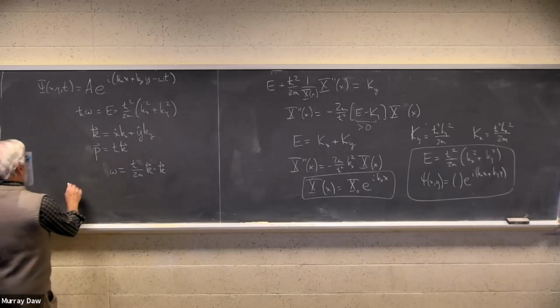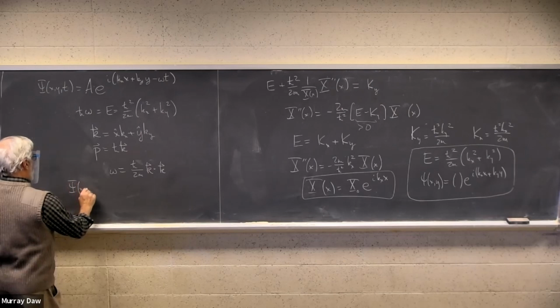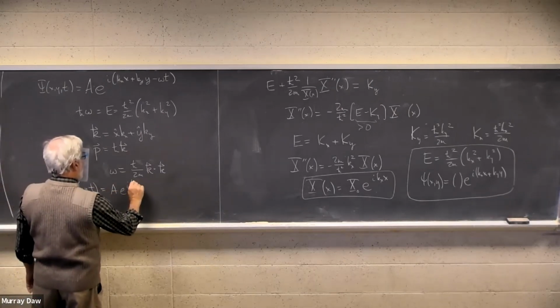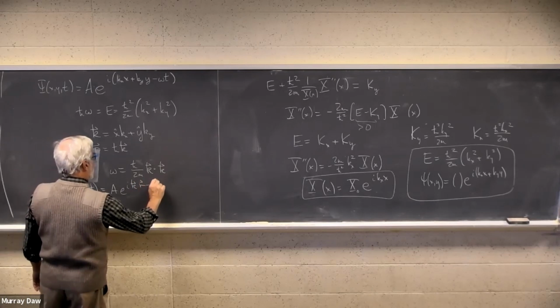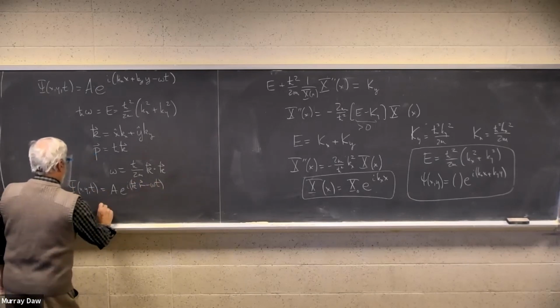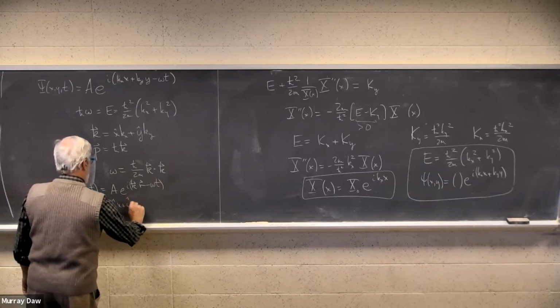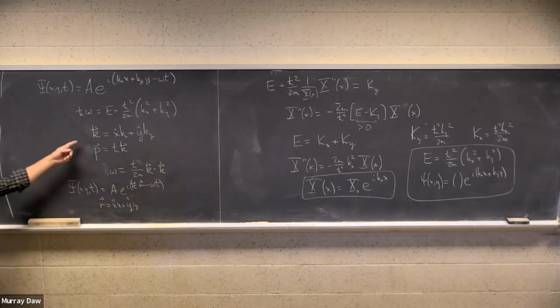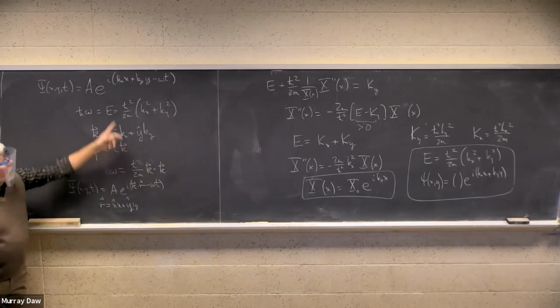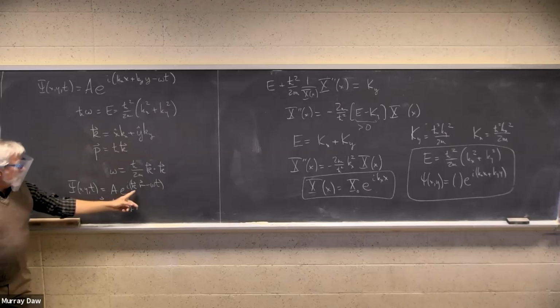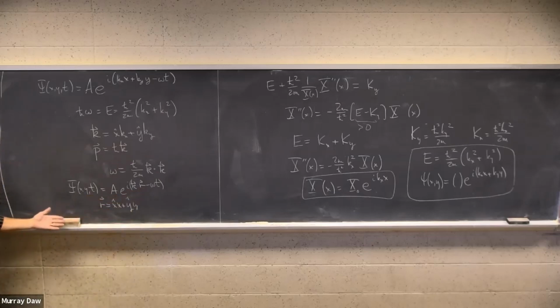And we could write that in this form: k dot r minus omega t, where r is the position. Kx x plus ky y is the same as the dot product of k with r. Nice and simple.